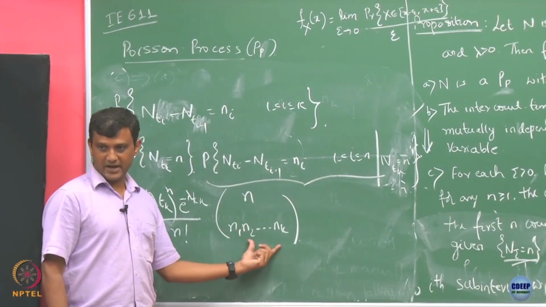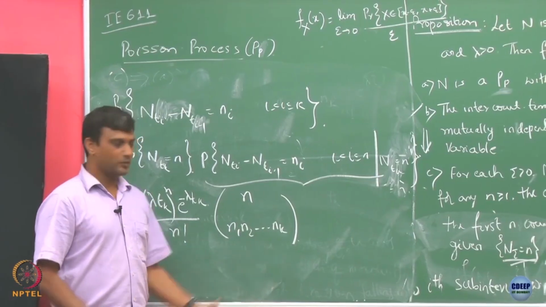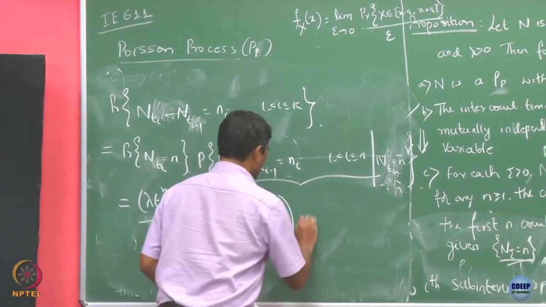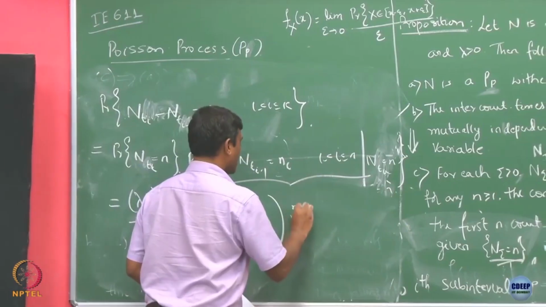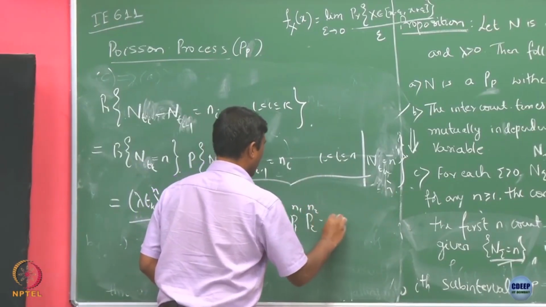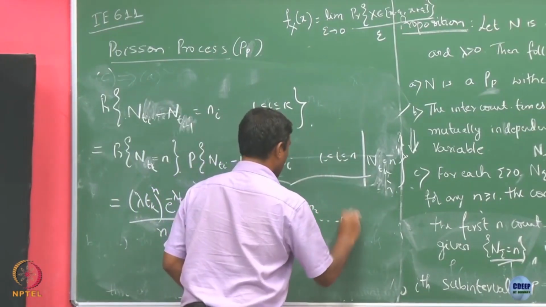When I have this kind of partition, what is the associated probability? The associated probability is p1 to the power n1, p2 to the power n2, and all the way up to pk to the power nk.